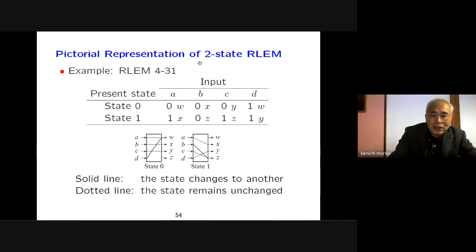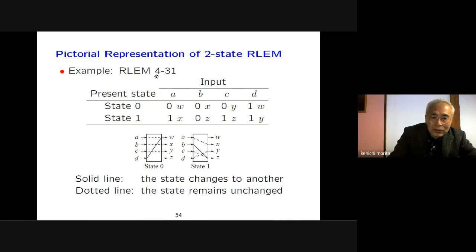A particularly important reversible logic element with memory is a two-state element. For example, RLEM 431. 4 means it has 4 input lines and 4 output lines. And 31 is a serial number in the class of two-state, 4-symbol machines.